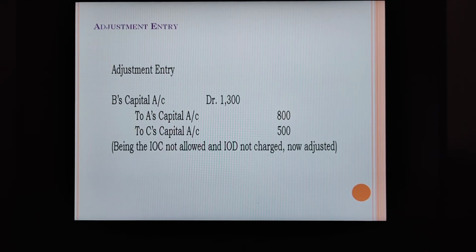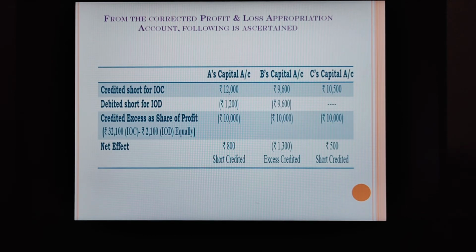So class, there was some mistake in typing. It would be B's capital account debit to A's capital account, to C's capital account. Now 1,300 will be distributed among A and C. Now see, we have credit short for IOC: 12,000, 9,600 and 10,500. Debit short for IOD, that is interest on drawing: 1,200 and 900, that we did minus.